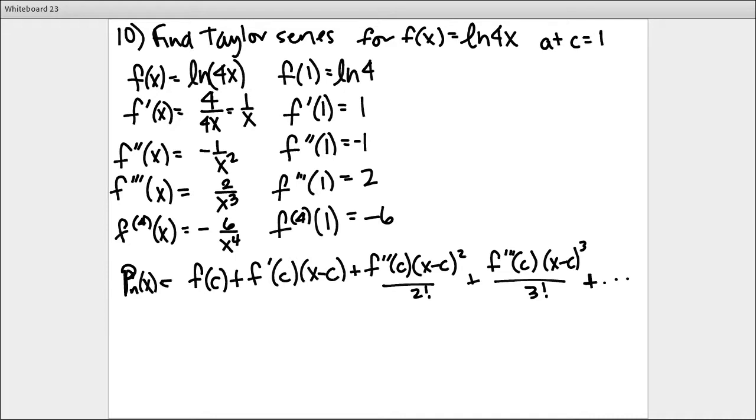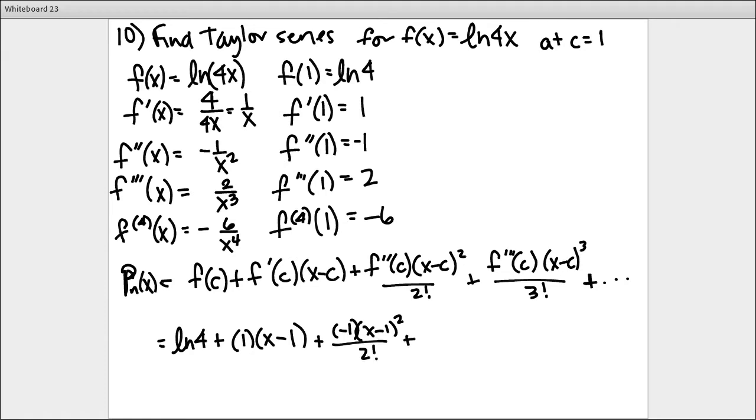So the Taylor series for this would end up being natural log of 4 plus 1 times x minus, what's my c? It's a 1. And then my next term was a negative 1 times x minus 1 squared over 2 factorial.